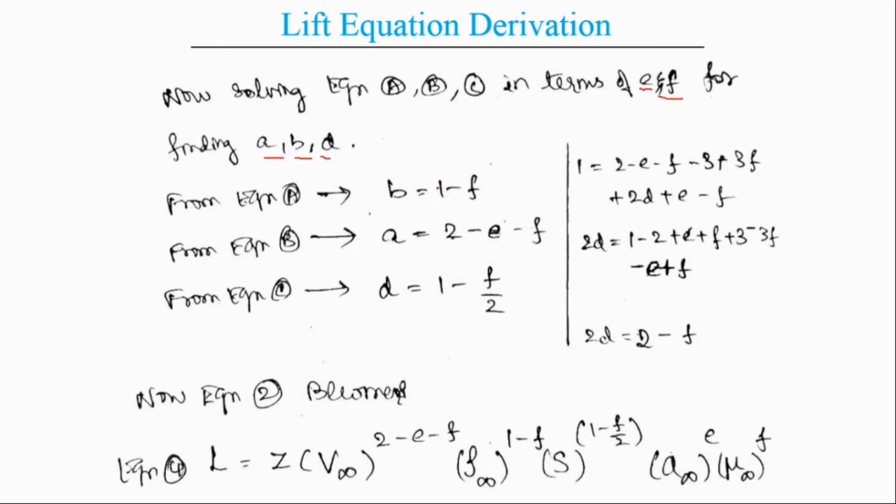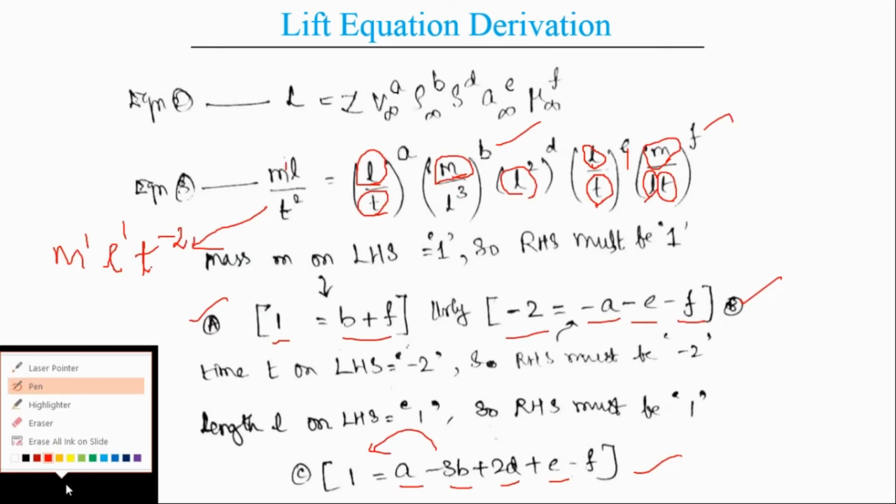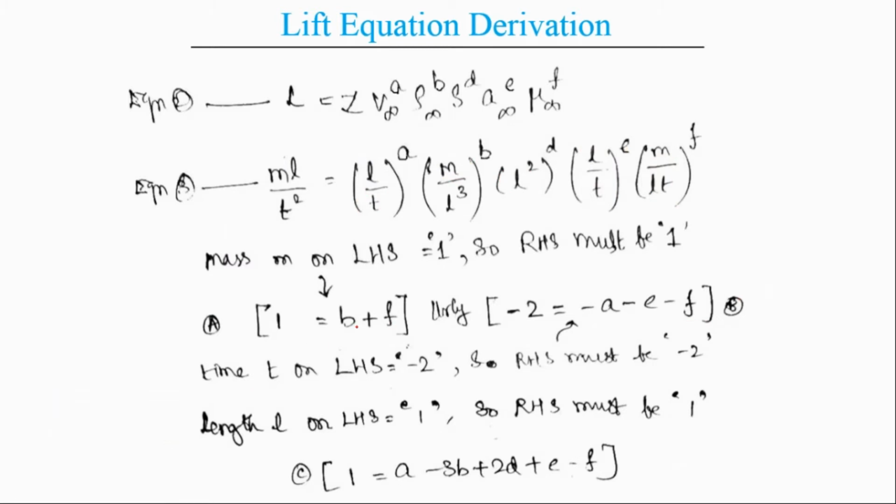If we require b, we can just transfer the f term to the left hand side, so b is equal to 1 minus f. Similarly, if we require the value of a, we can transfer all the other terms to the left hand side.